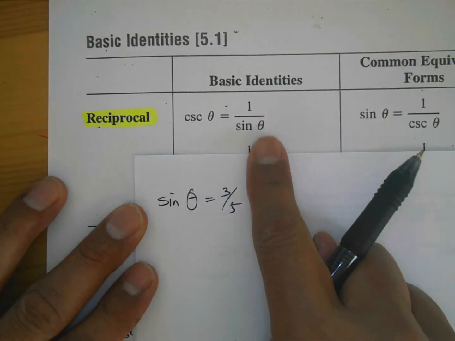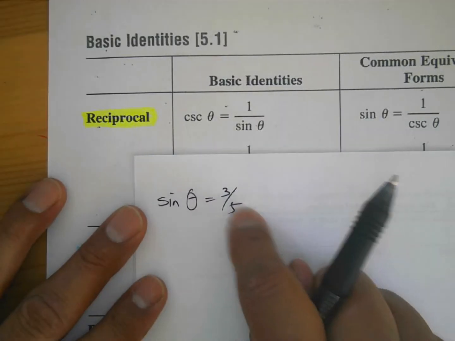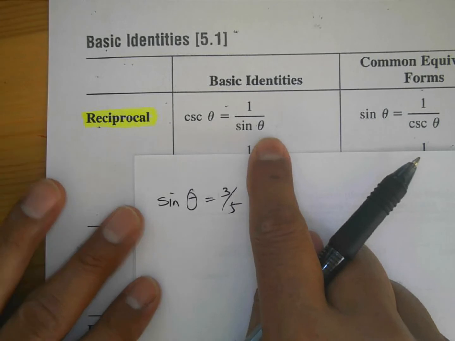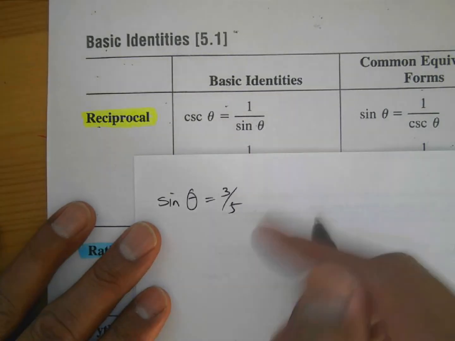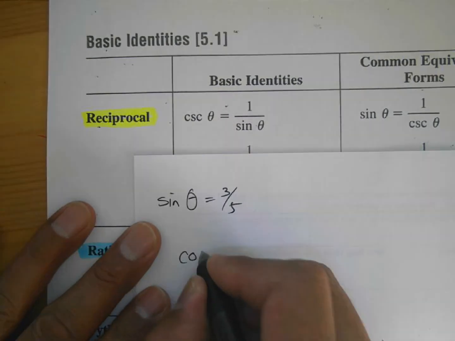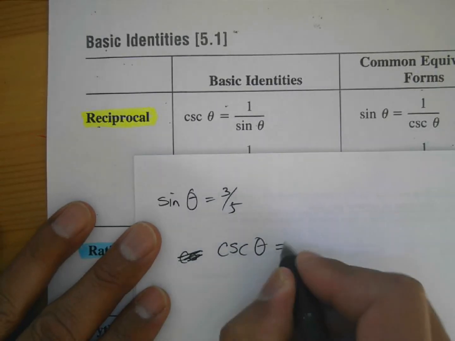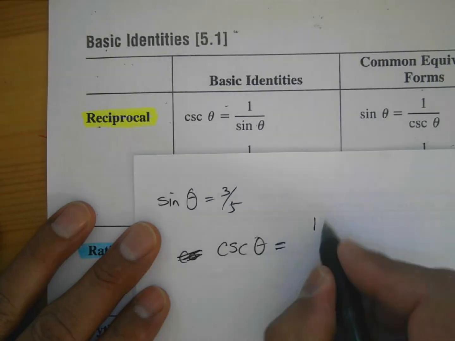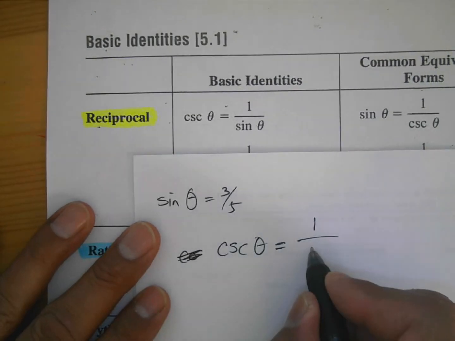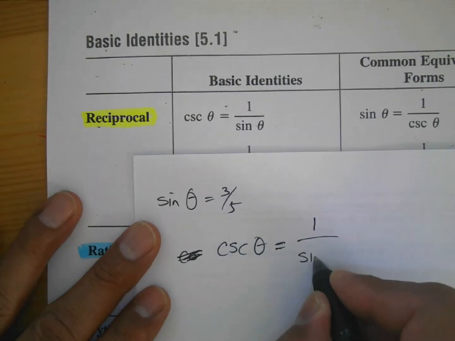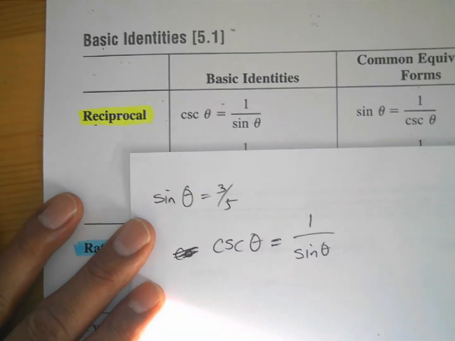And what this is telling you is to get cosecant, we just have to flip it over. This is just telling you that to get cosecant would be 1 over sine. 1 over whatever the sine is.